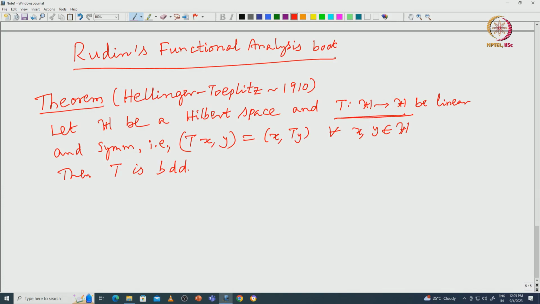Later on we will see symmetric operators which are not defined on the entire space; they need not be bounded. This is an easy application of the closed graph theorem, and there are extensions also. So when we replace this H by a proper subspace, many interesting things happen and we move out of this bounded regime.